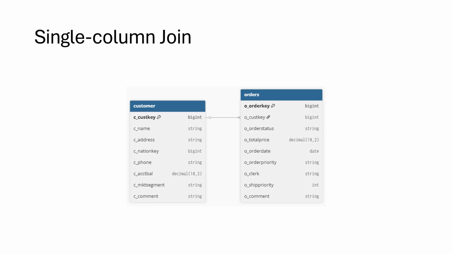As you can see on the screen, for the single column join scenario, we have two data frames, customer data frame and orders data frame. These two data frames we want to join on customer key. So let us switch over to the notebook and walk through the code for the same.